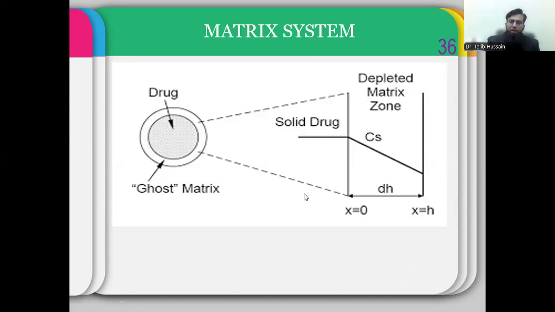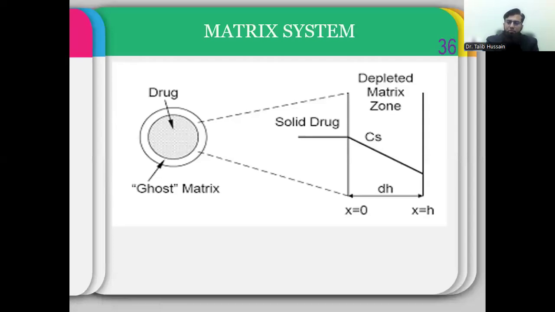For the kinetics of the Higuchi, consider a polymeric matrix in which drug and polymer are homogeneously blended, so there will be drug with a polymeric ghost. Polymeric ghost is that polymeric area which has been exhausted of the drug contents. For the first time, it will not have any polymeric ghost.